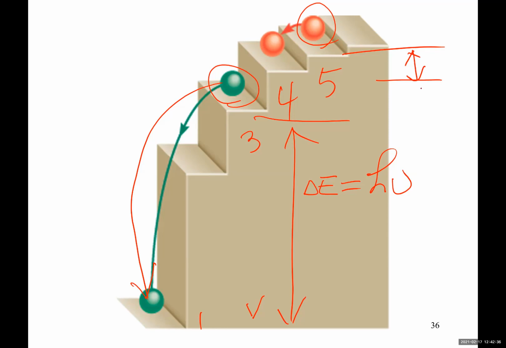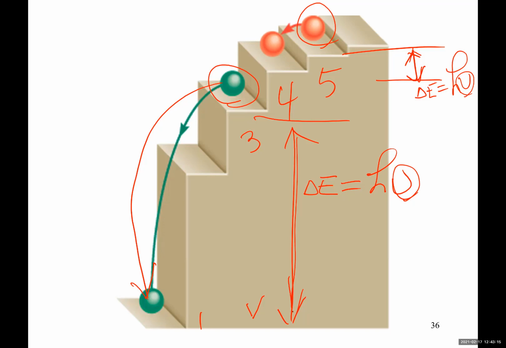This is also releasing a photon, emitting light, which is h times nu. h is constant. Do you see the frequency is going to be smaller here because the energy is smaller, and larger frequency there because the energy gap is larger? So you're going to have different frequencies of light emitted, which means different wavelengths of light emitted. Every one of those lines, every one of those wavelengths, refers to a certain transition of electrons.